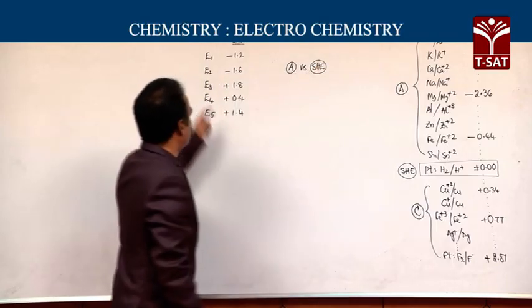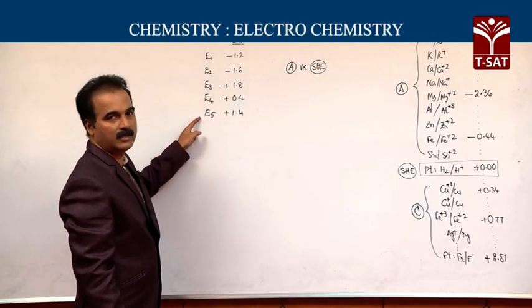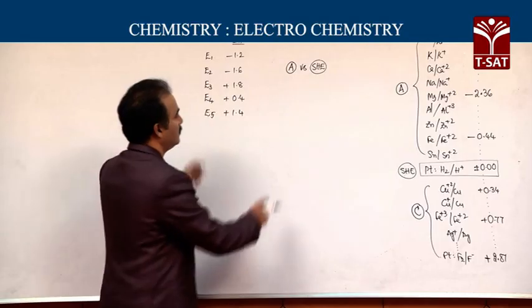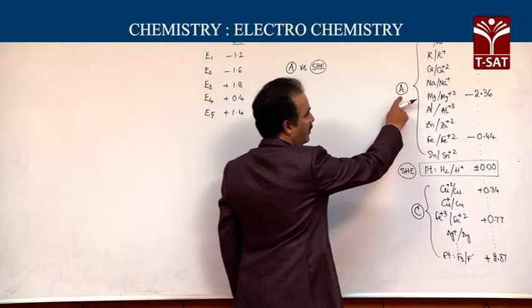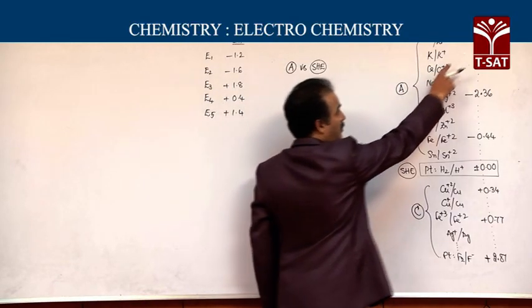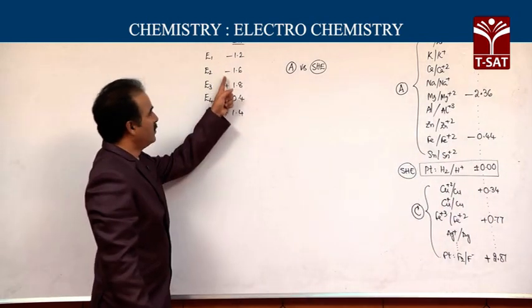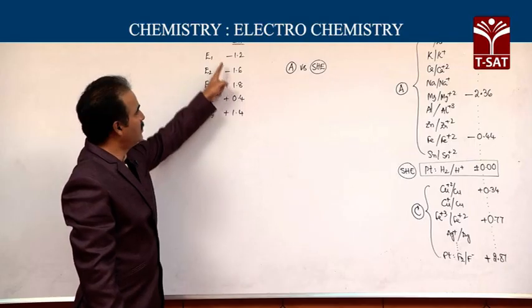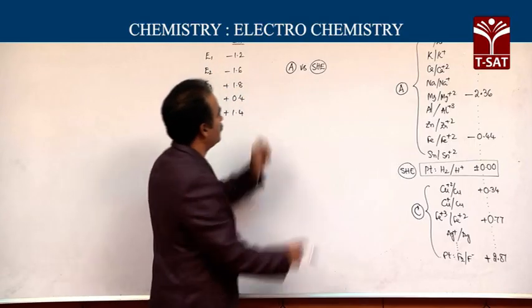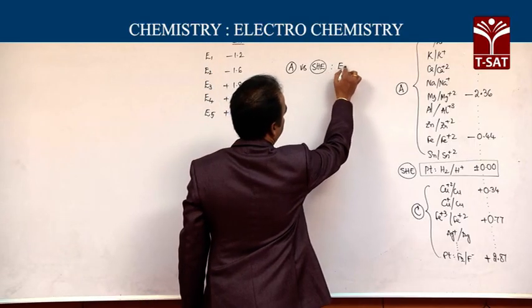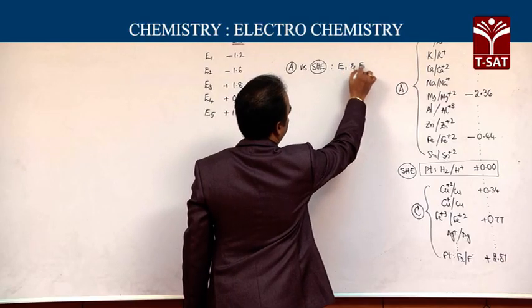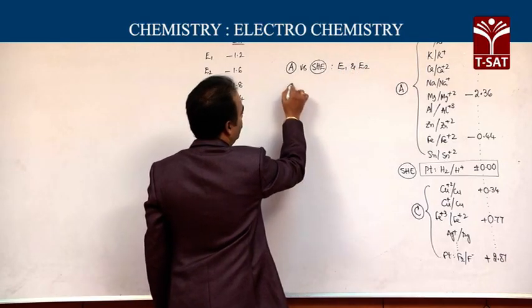Out of these 5 electrodes, which will act as anode against the standard hydrogen electrode? To act as anode against the standard hydrogen electrode, the reduction potential should be negative, and these two have negative reduction potentials, meaning they act as anode versus SHE, that is E1 and E2.